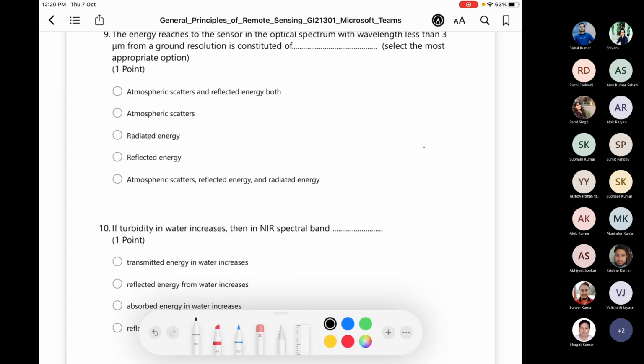This ninth problem is about the energy that reaches the sensor in the optical spectrum. The optical spectrum includes visible plus NIR, visible plus a certain part of infrared. They are combined together to form the optical spectrum.